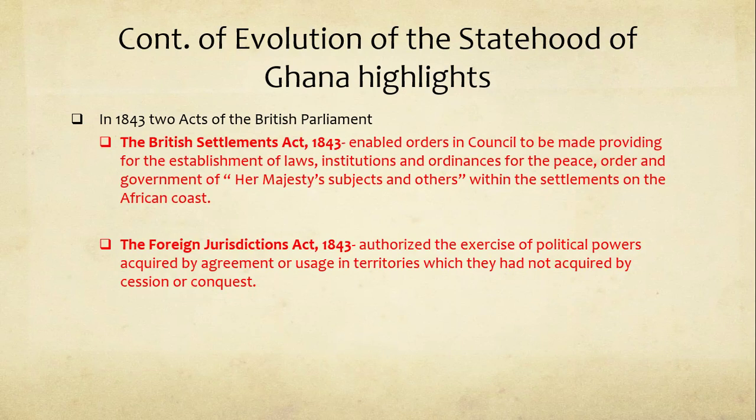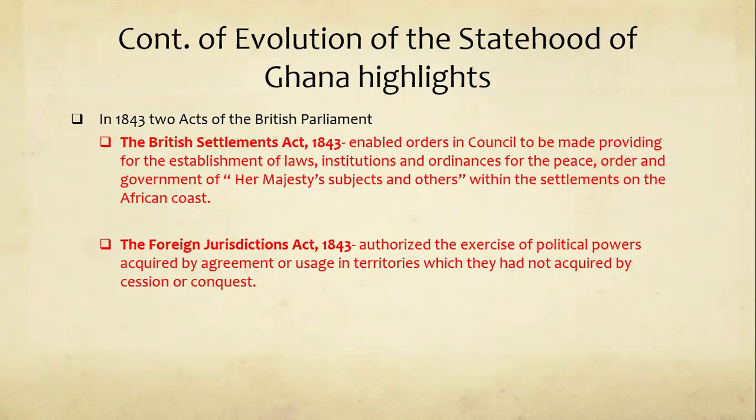So in 1843, the British Parliament passed two major pieces of legislation known as, first, the British Settlement Act 1843 and the Foreign Jurisdiction Act 1843. Let's say a few words about each of them.